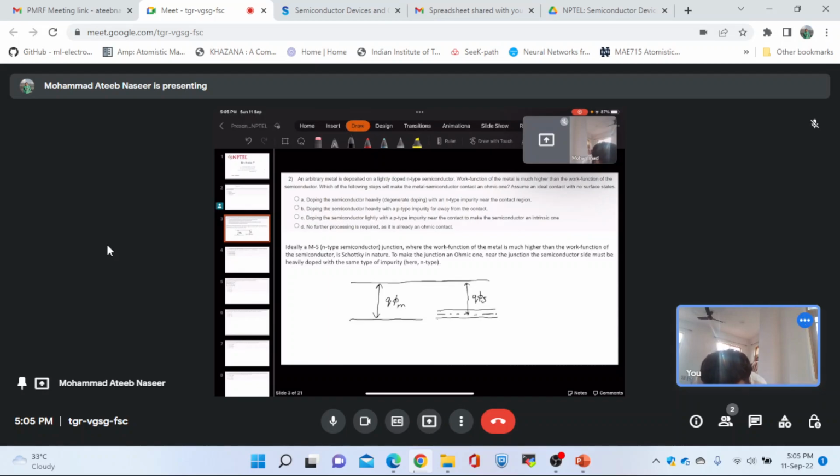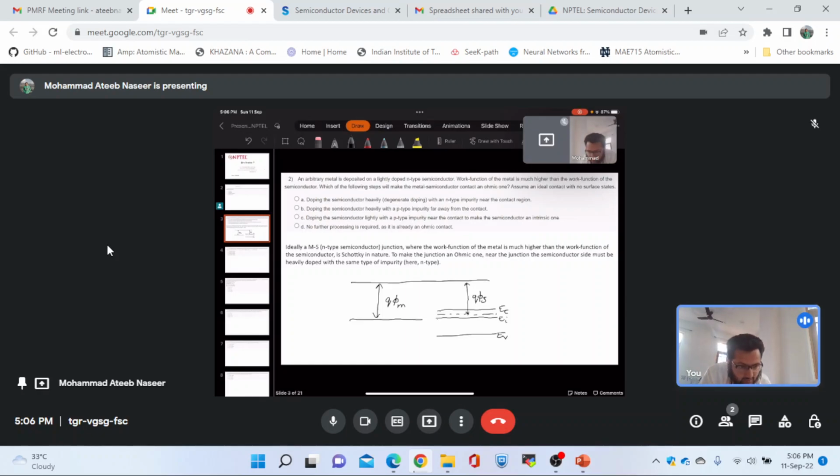This is our valence band edge, this is our intrinsic Fermi level, and this is the Fermi level. If the metal work function is much higher, then the junction will always be Schottky in nature, because the electrons from the n-type material will try to move into the metal side.